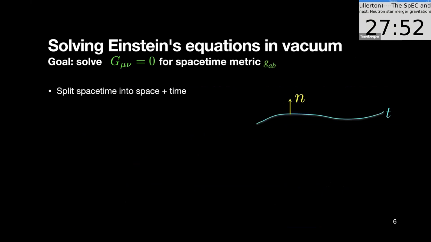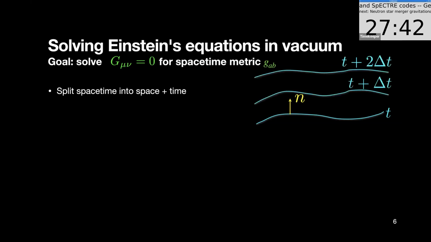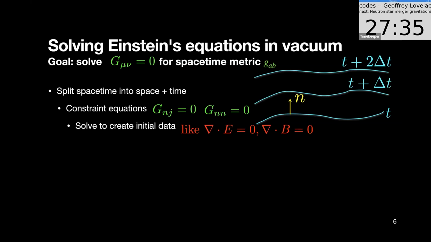So the basic strategy, just to lay out some terminology, you have a slice of time that's your initial time, and it has some normal vector to it, and then you have some times a little bit later. And the idea is first you have to solve for that initial time. It's like the first frame in a movie. And then here's your constraint equations.